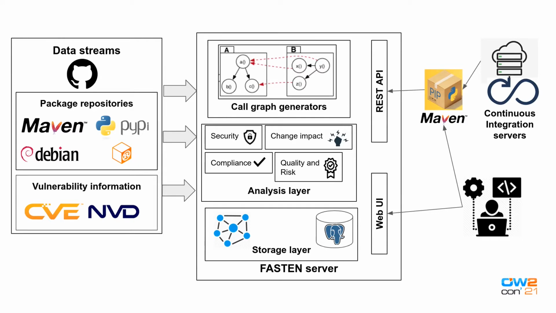This is for the code of the application that is not yet published, of course, because it's under development. So this analysis will be done locally and merged with the available call graph from the FASTEN server. And then the resolution to find out if a specific, for example vulnerable, function is called is performed locally, and based on the result, this is reported to the user.